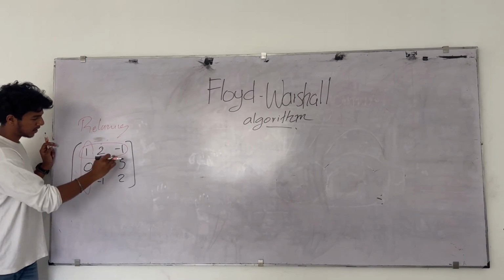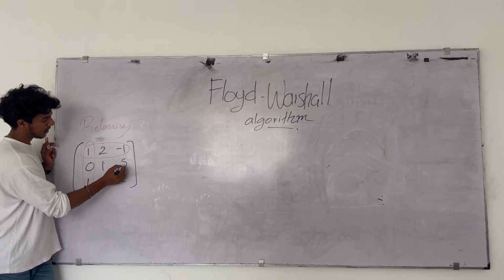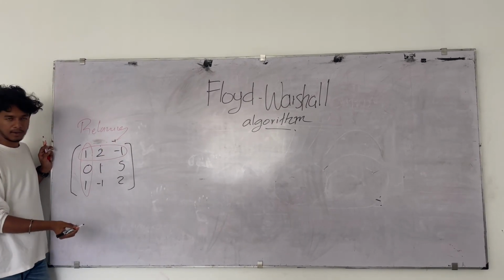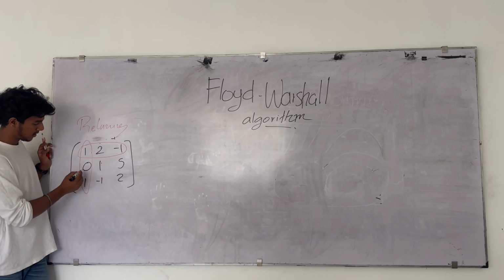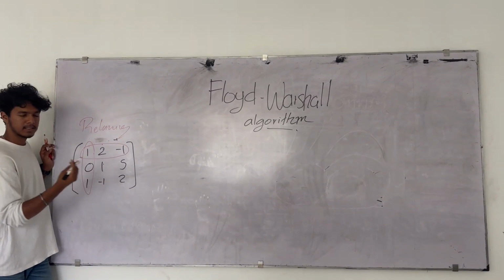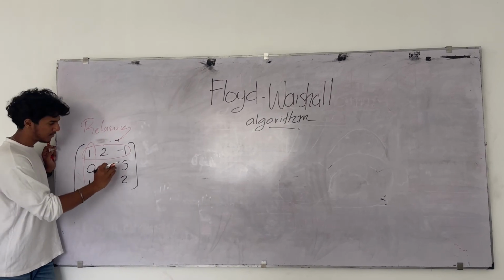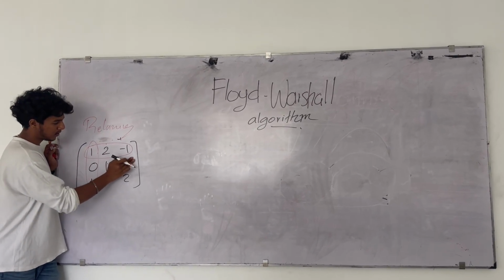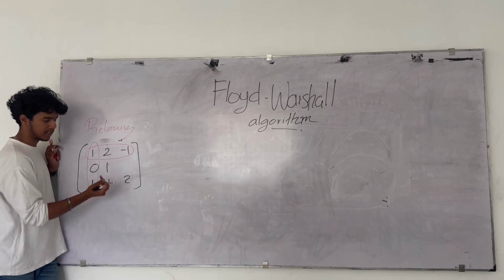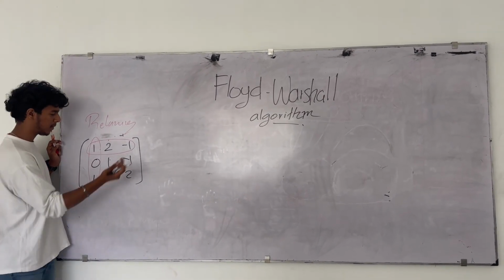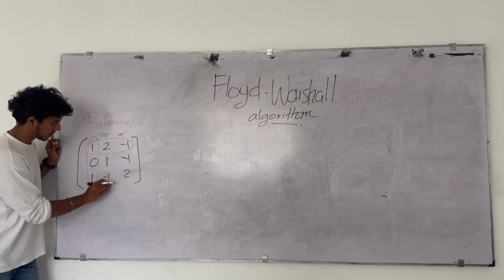So we move on to the second one. We take 5, and the directly above element is -1 and the directly left element is 0. So -1 plus 0 is -1, and -1 is less than 5. So the addition of these two is less than 5, so we replace it by -1. Then we move on to the next element.